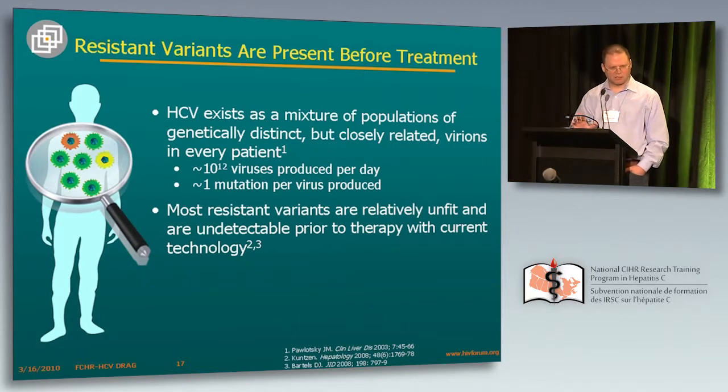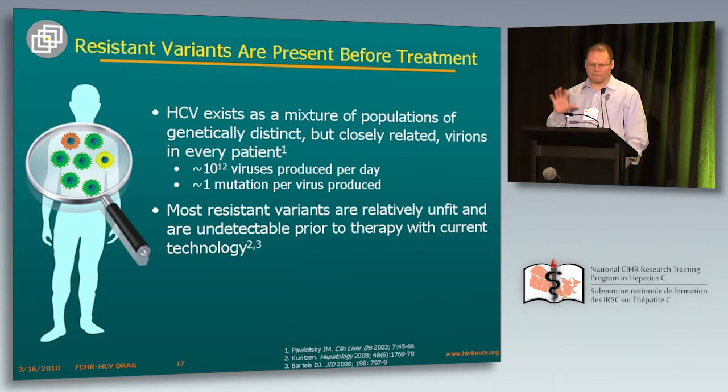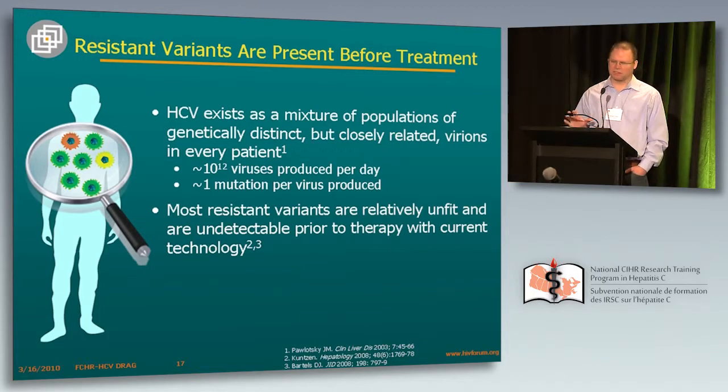I'd like to start out with some principles in the development of resistance. There are two major factors that we need to consider here that drive the development of mutations and, in turn, also selection of resistance.